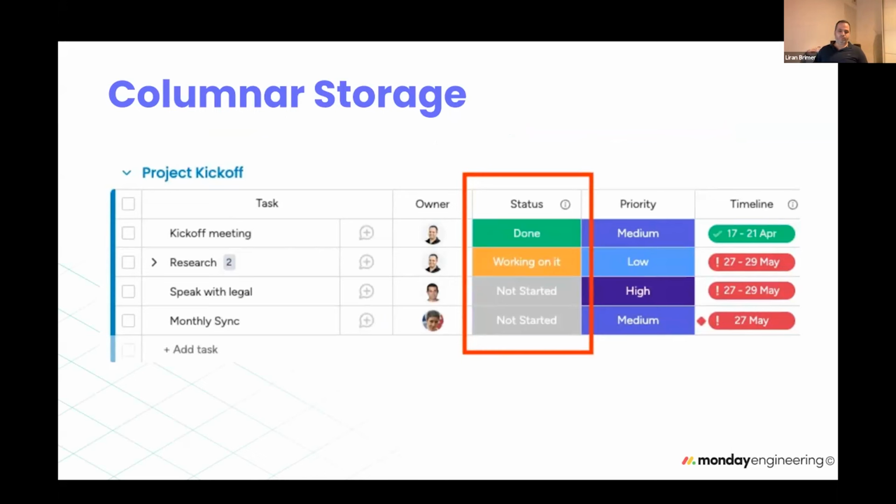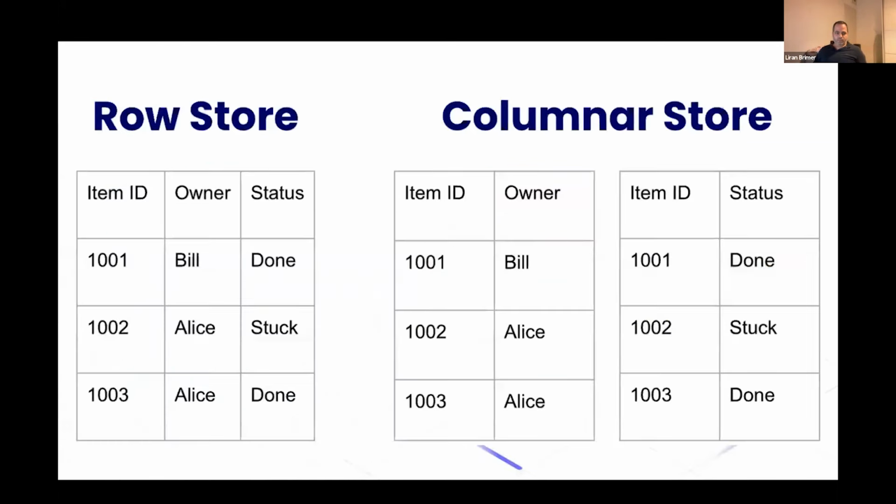So we store all the values of the column, for example, all the status values: done, working on it, not started, together as a single unit on disk. On the left you can see how the table looks; in columnar storage, you can imagine two different files, one with all the values of the owner, and one with all the values of the status.